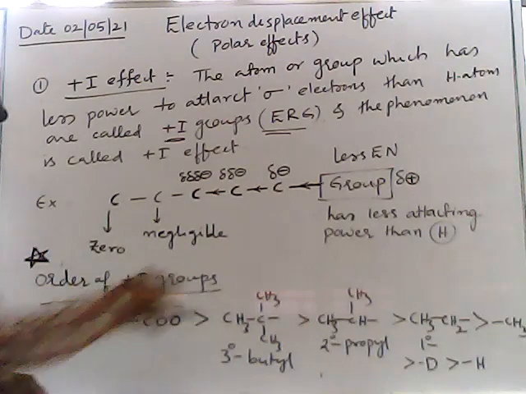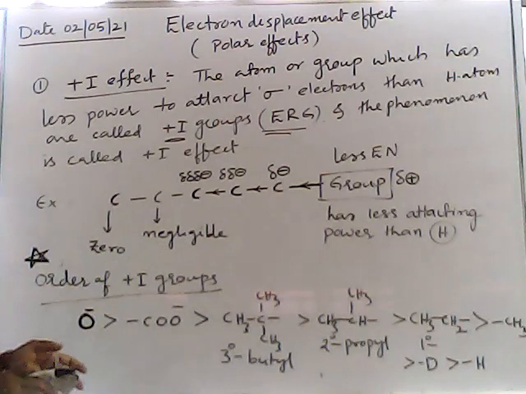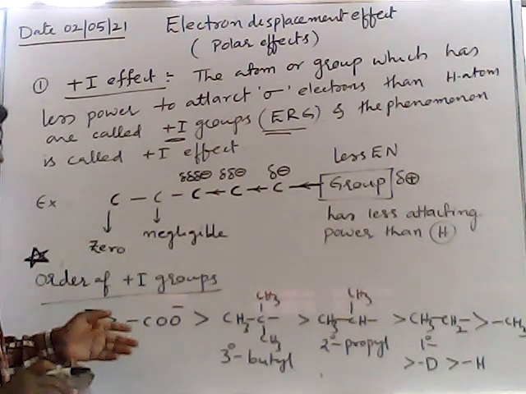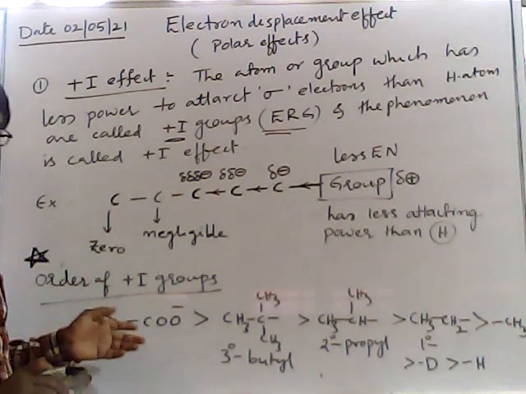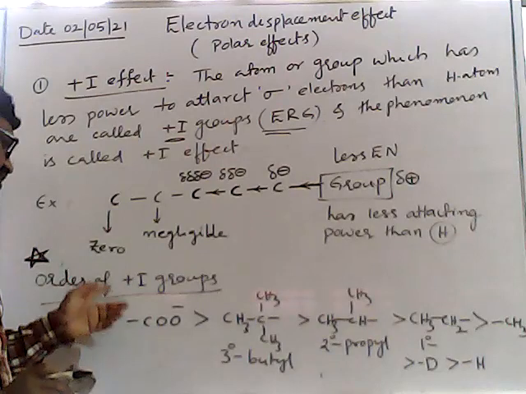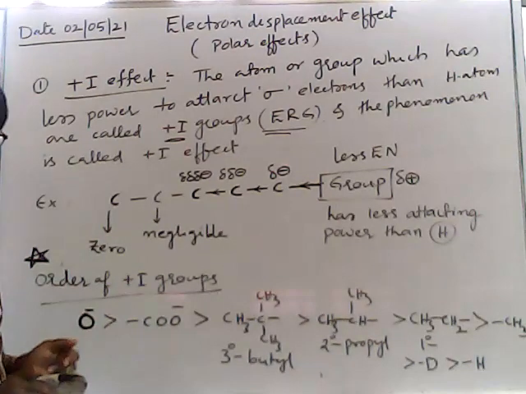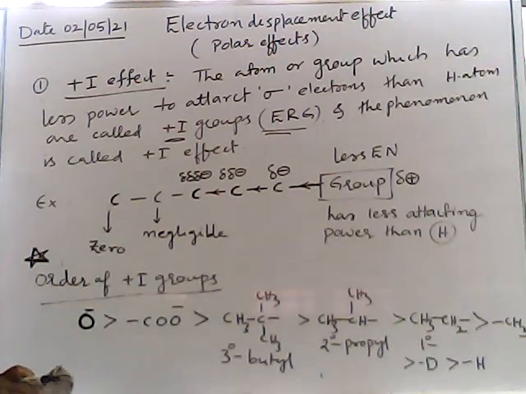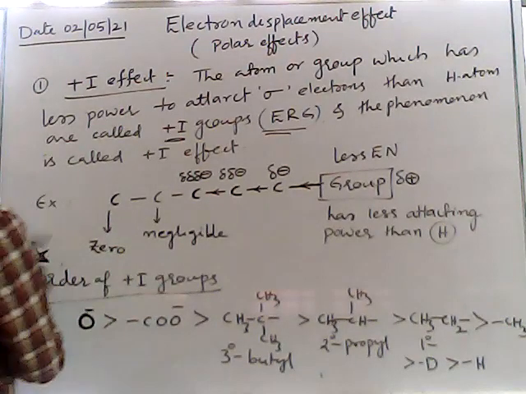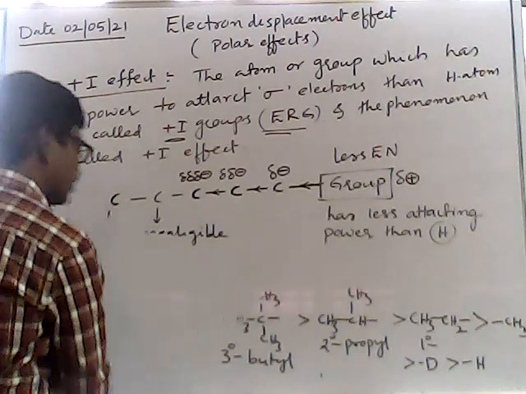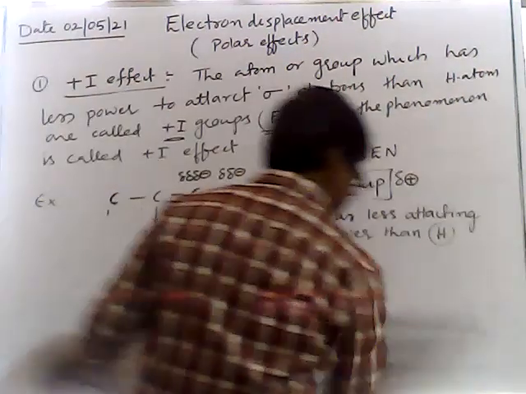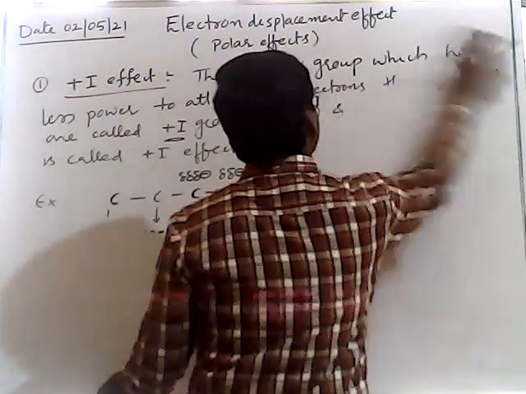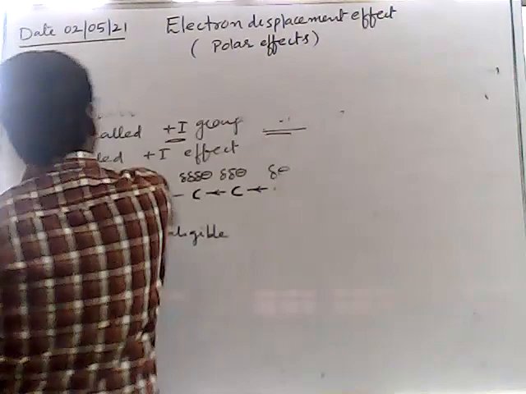From this they give 3 or 4, and among those 3 or 4 they ask the order, ascending order of plus I nature or descending order of plus I nature, otherwise which has more plus I nature, which has less plus I nature. Okay, remember this. Then about minus I effect. Same definition for minus I group also.